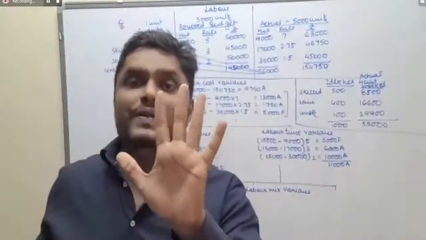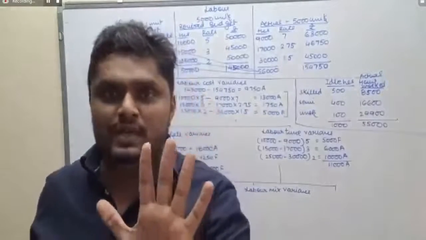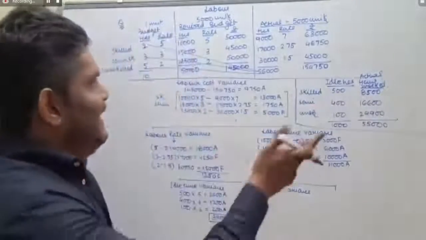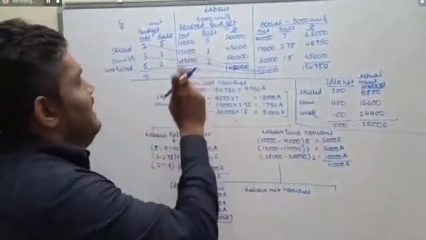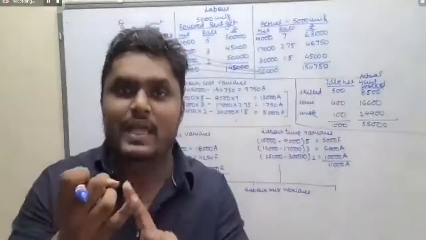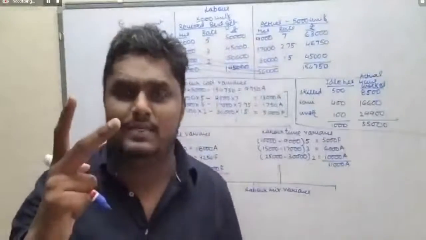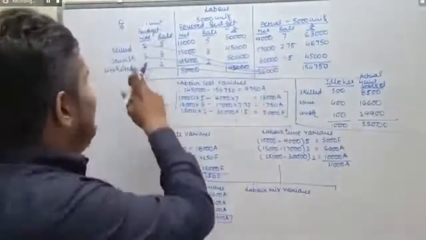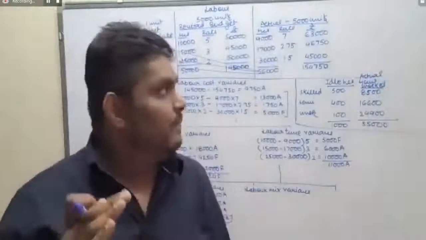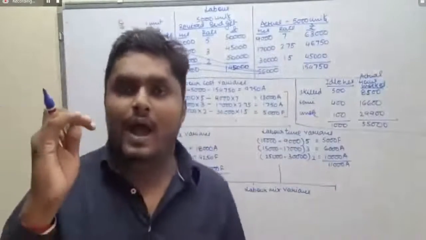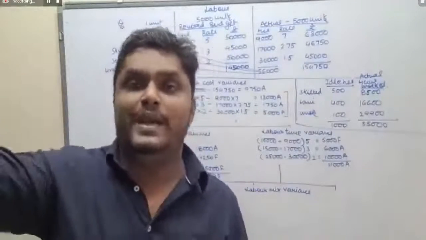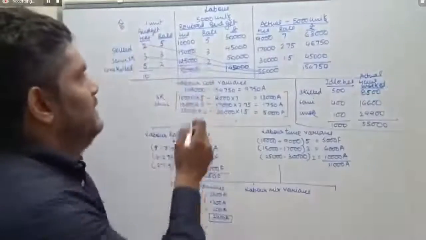Now we are left with the adjustment of the remaining 5,000 hours. Alternatively, in case of semi-skilled, there was a deviation of 15,000 to 17,000, that is 2,000 hours. I repeat again, in case of semi-skilled labor, the hours that were actually supposed to be dedicated is how much? 15,000 hours.